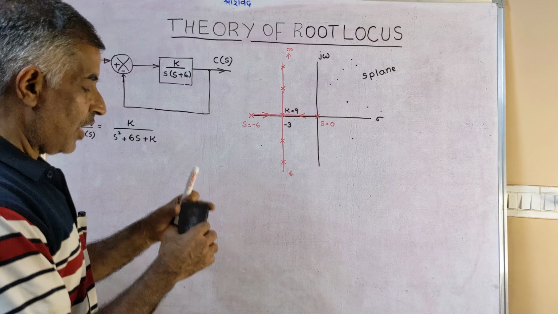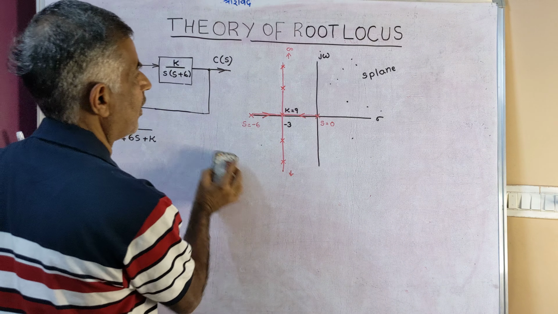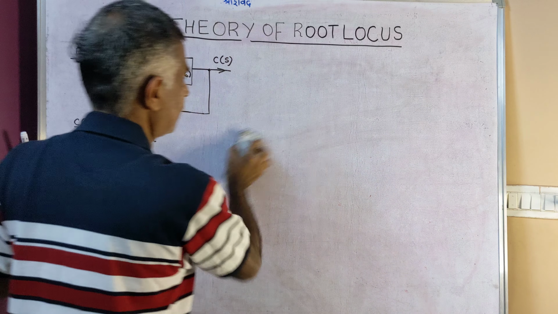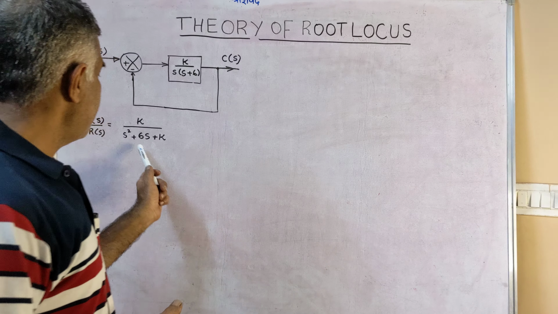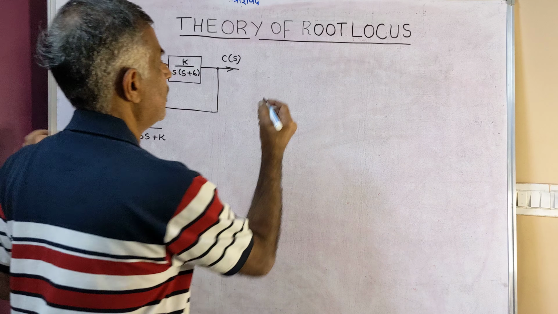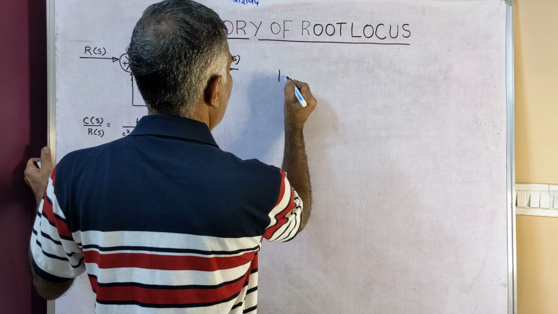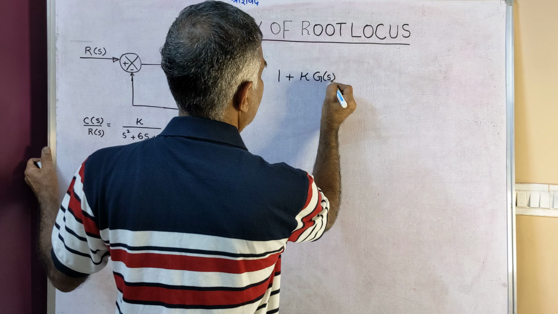Now, as you know, now I will rub off this. No longer is this required. Now I will take up the quadratic equation, which is the characteristic equation. The characteristic equation is of the general form 1 plus K G(s)H(s).